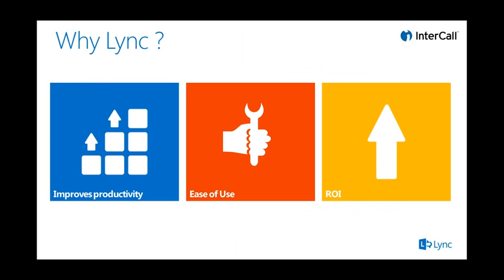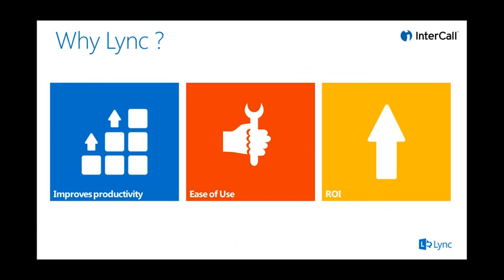It also makes the user get the information they need at the right time to make them more effective and more efficient. Interestingly enough, another piece of information that we managed to glean is that 50% of calls in the enterprise are now made from a mobile device.